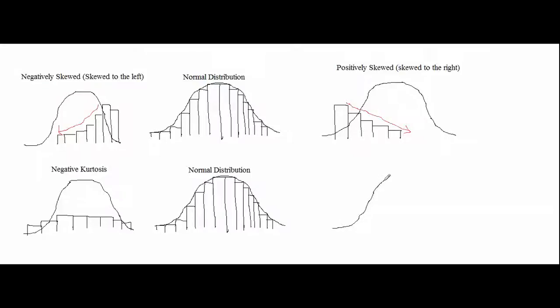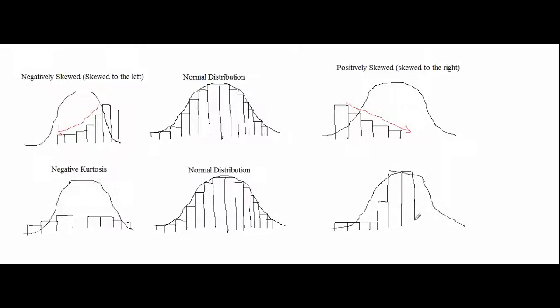If it peaks higher than a normal distribution, it's a positive kurtosis. What a positive kurtosis actually is, is when you have longer tails. I mean, the curve stays flatter longer, like this, and then it more suddenly becomes taller, like this. So instead of going up gradually, it stays flat longer, and then once you get closer to the center, it goes up more suddenly.